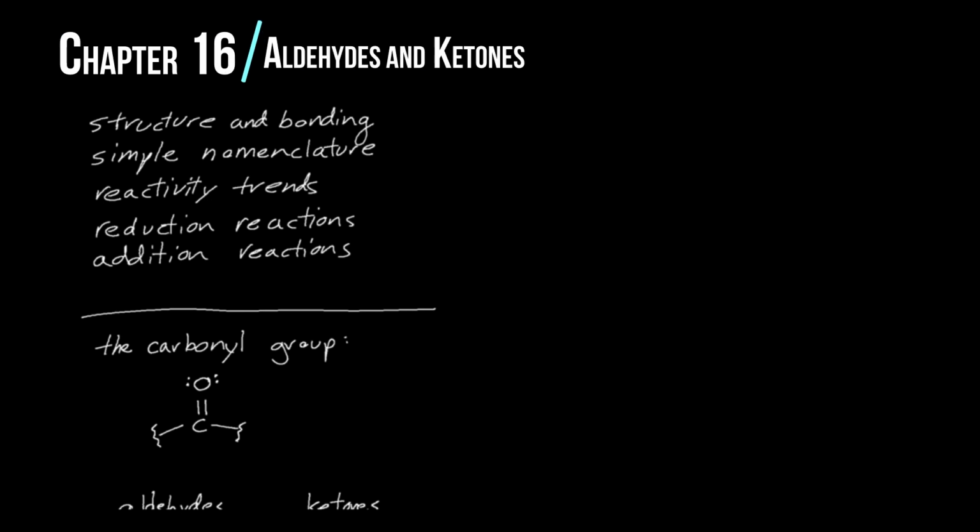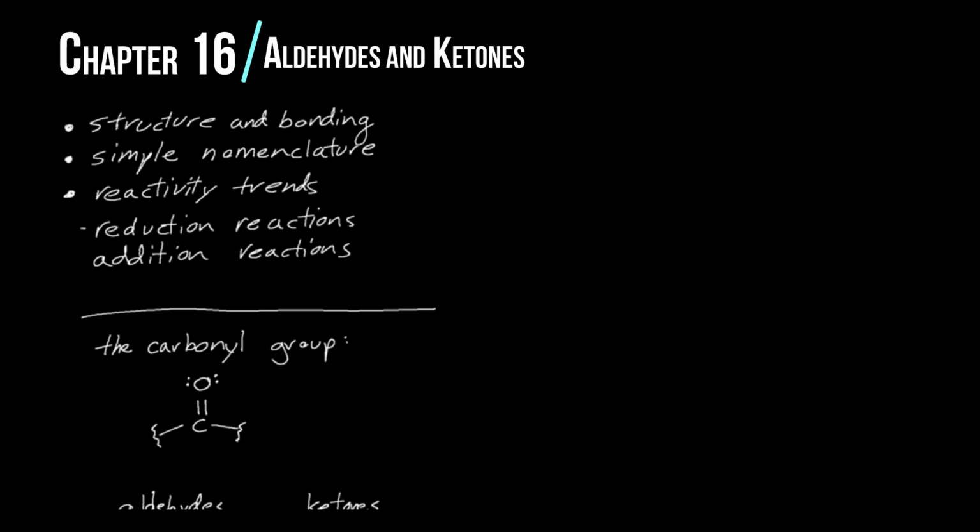We're really only focusing on a few topics: structure and bonding, which is review basically, simple nomenclature, just some simple examples. Based on the structure and bonding, we'll look at the reactivity trends, how aldehydes and ketones tend to react.